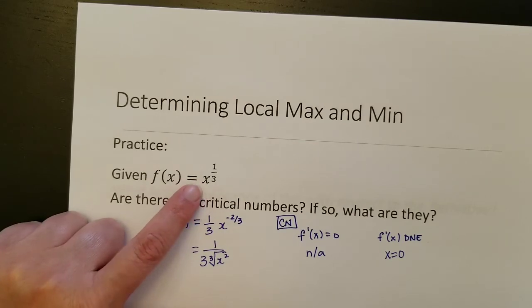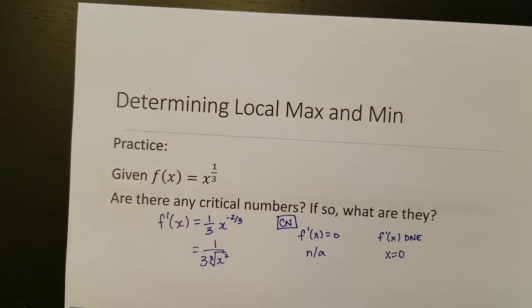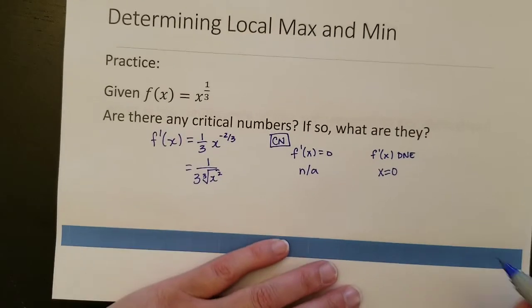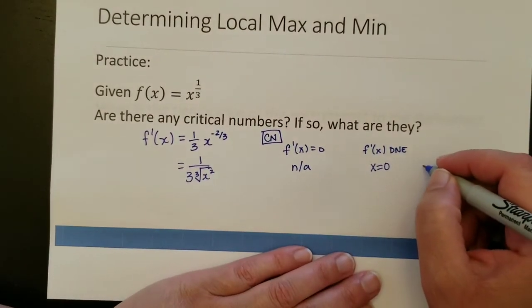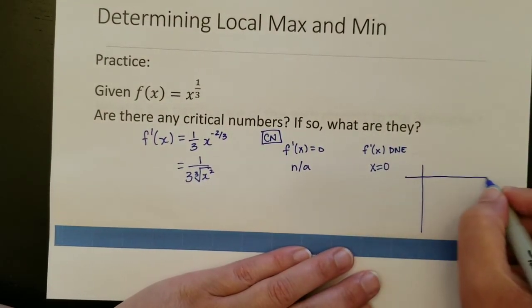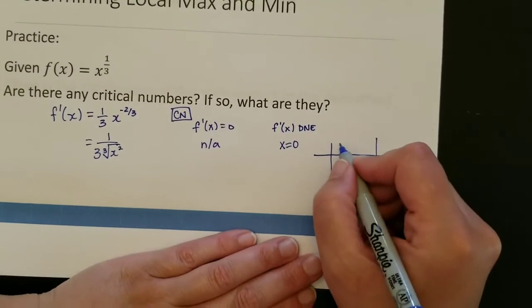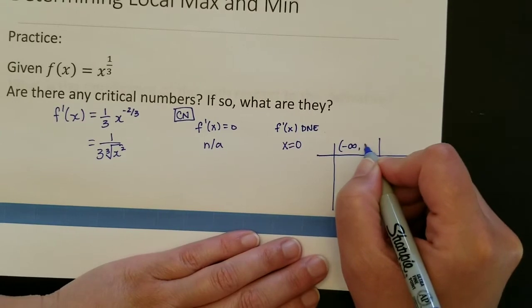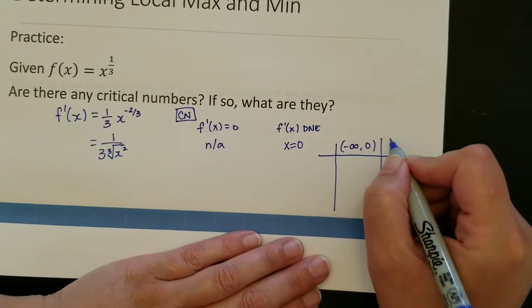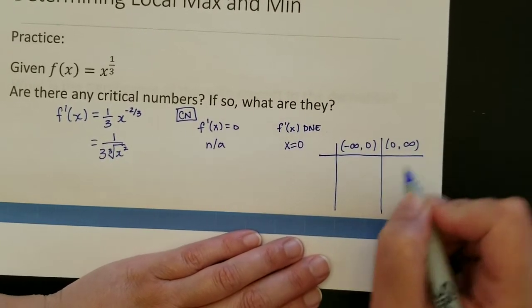That's going to be just the point 0, 0. So I'm going to take this, and it's a nice small table here. We only have 2 intervals. I'm going to create a table looking at the derivative, pardon me, from negative infinity to 0 and from 0 to infinity.